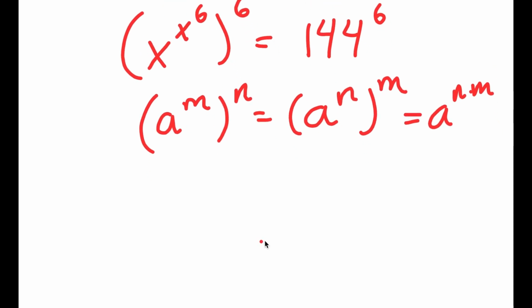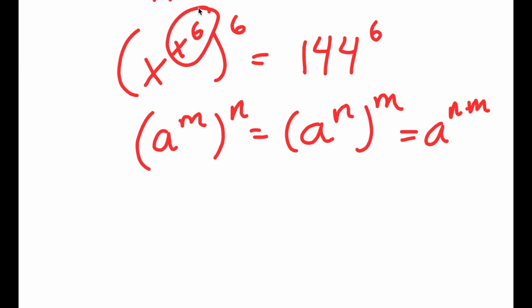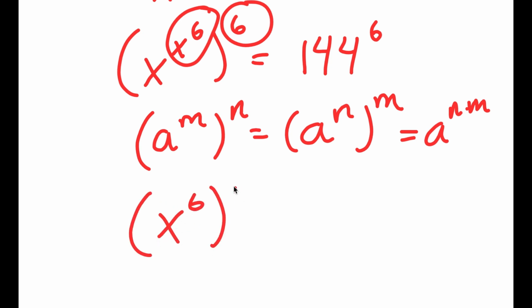So x to the power of x to the power of 6 to the power of 6, I can actually switch these two places. So now I have x to the power of 6 to the power of x to the power of 6 is equal to 144 to the power of 6.